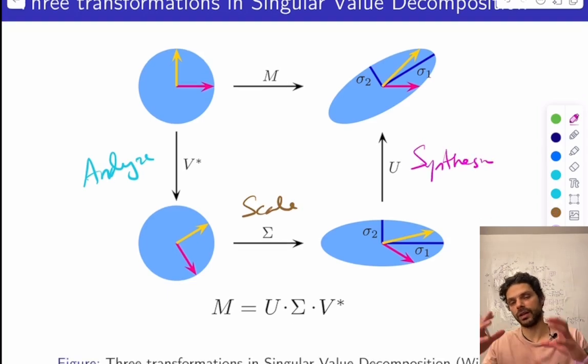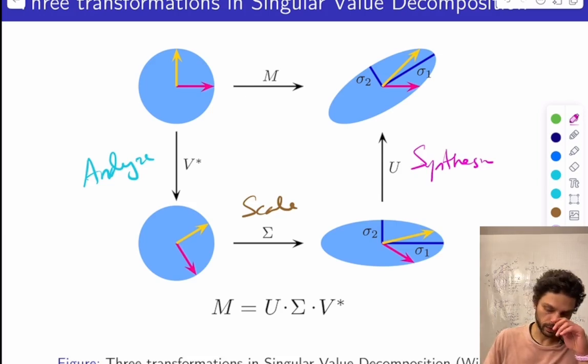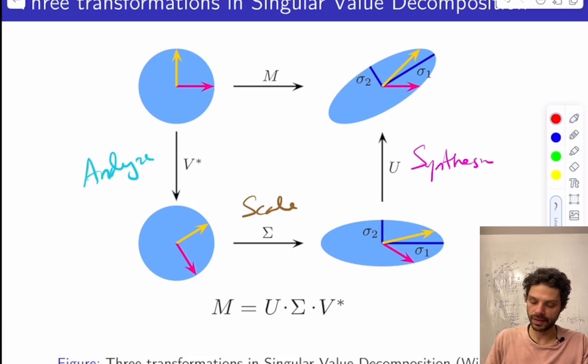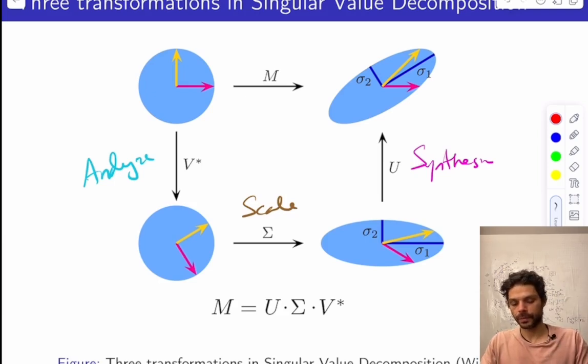Now, sometimes if the dimensionality of the input and output is the same, then you can think of this analysis and the synthesis steps as rotations. So you can think of their effect as being like rotations. So you can think of what's happening here as a rotation, a scaling, and then a rotation back.